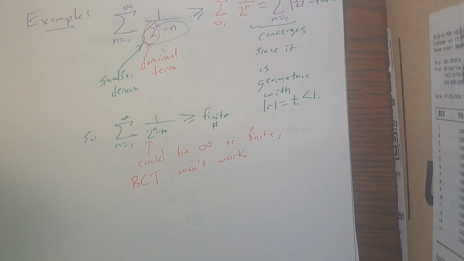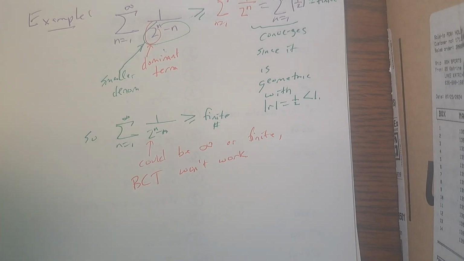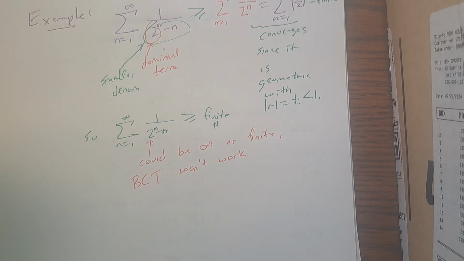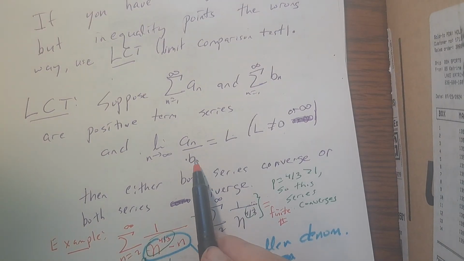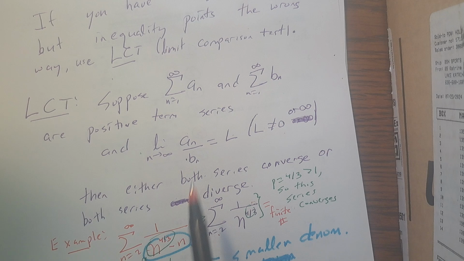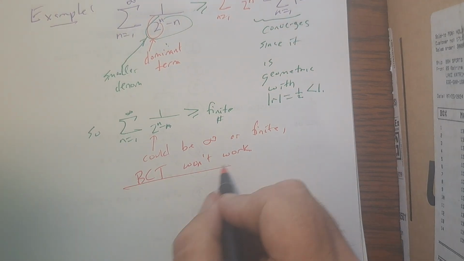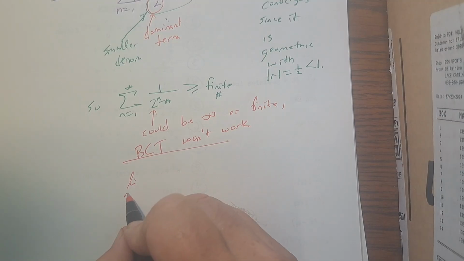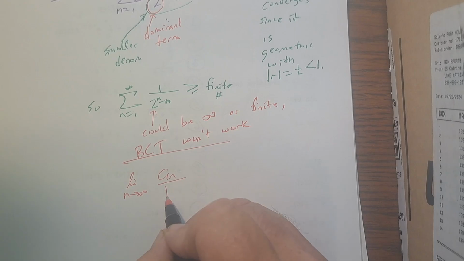So I'm going to try the limit comparison test instead. All right. The limit comparison test just asks for the ratio, and it actually doesn't matter which one's on the top and which one's in the bottom. So let's take the limit as n goes to infinity of one of them divided by the other one of them.